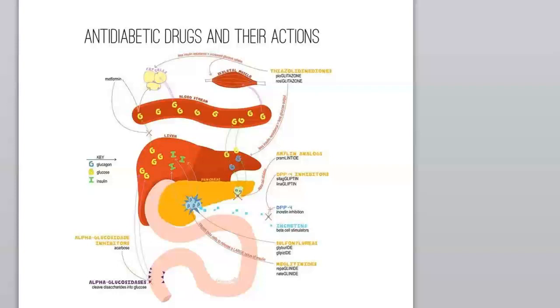And then assess their level of consciousness for any type of confusion as well. And because of tolerance and dependency, we really want to use diazepam for short-term seizure control, or even for a situation where they develop status epilepticus.